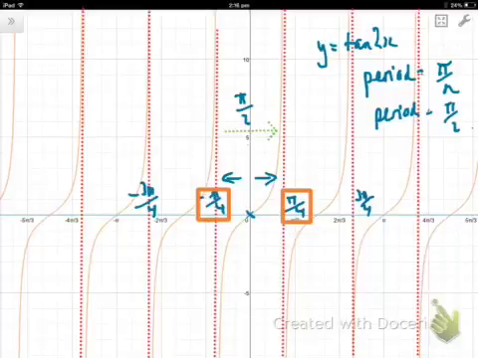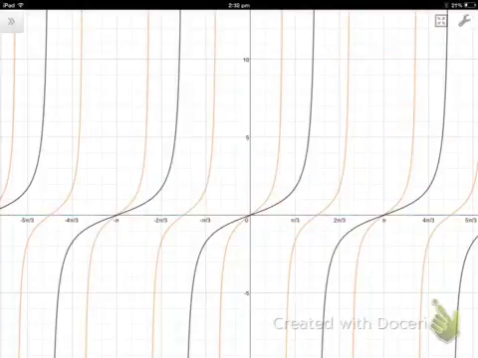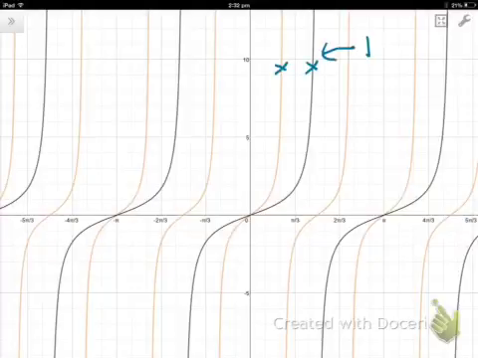So that's tan 2x. What about dilations there? Well, I've got the two graphs now side by side. I've got tan 2x, which is this one here, just to identify it, and I've got tan x. So that one's tan x, and this one is tan 2x.